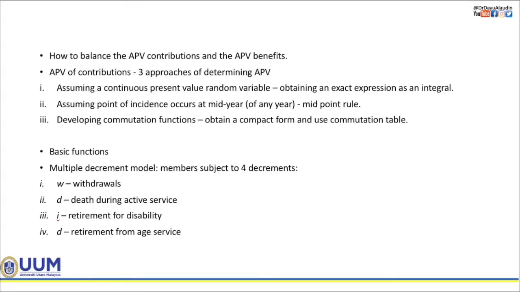Now we go to the next section: how to balance the APV of contributions and the APV of benefits. So we have contributions and the benefit. For the APV of contributions, there are three approaches to determining the APV. First, we assume a continuous present value random variable, obtaining an exact expression as an integral.